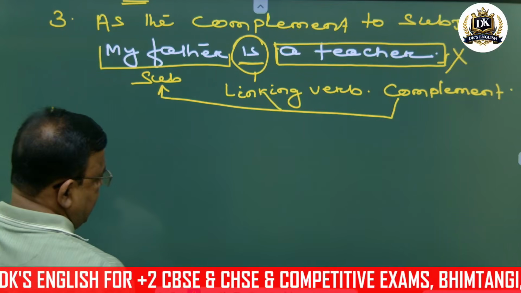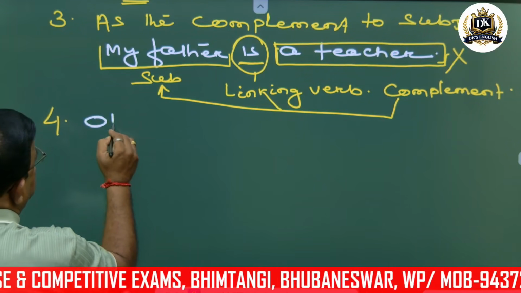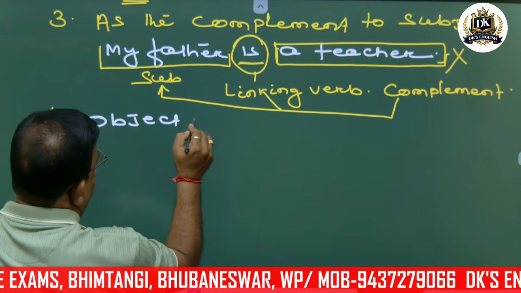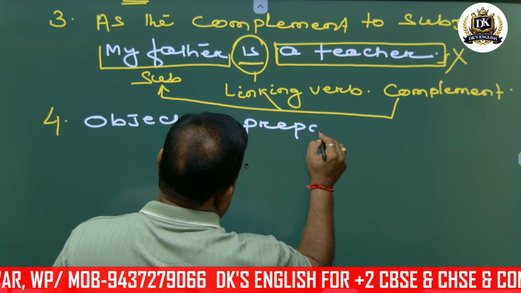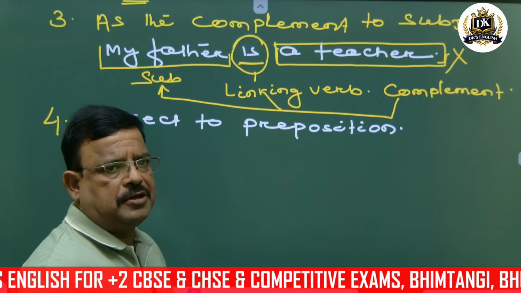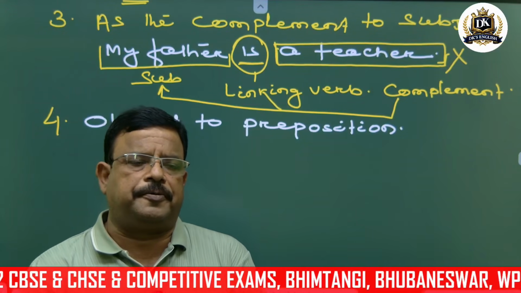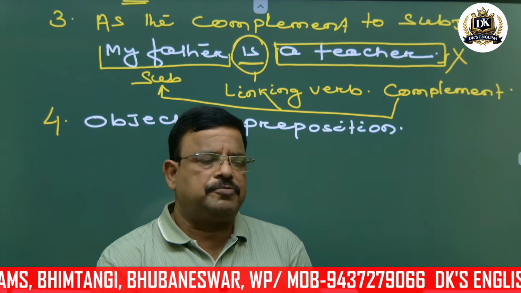Then comes number 4, I can say object to preposition. This is also another function of noun. Object to preposition. How object to preposition?